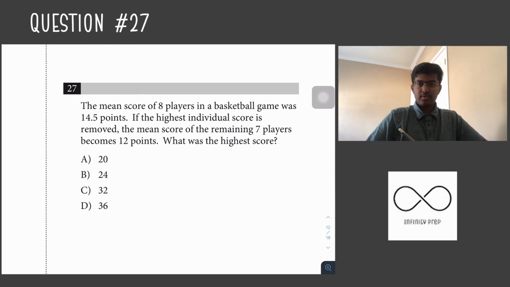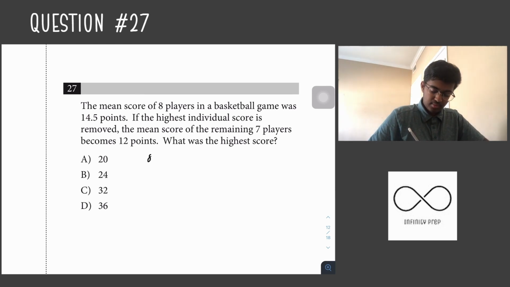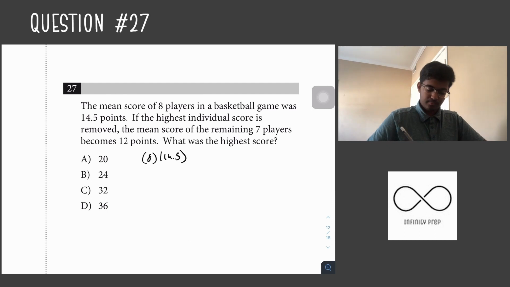To calculate the average, you need to sum up all the values and divide by the number of values. We can get the sum based on the 8 and 14.5 by multiplying 8 times 14.5, because the average equals sum over the number of values.